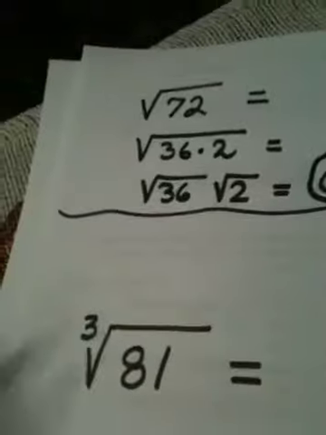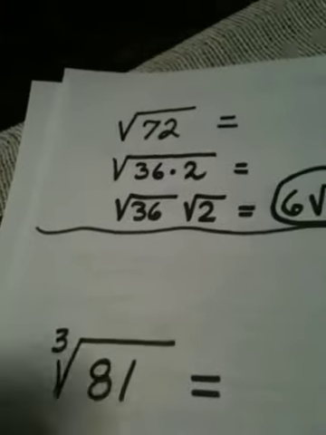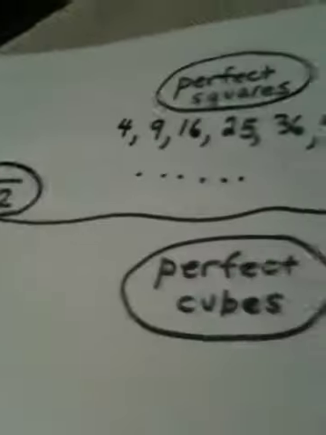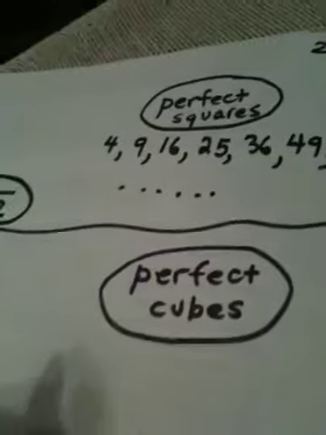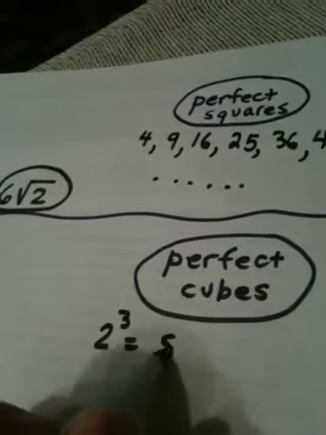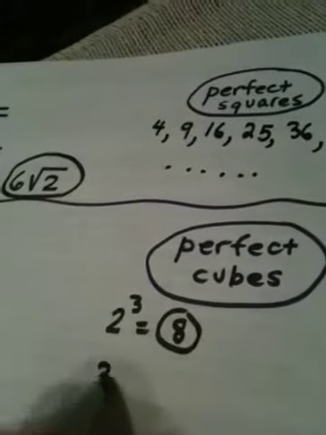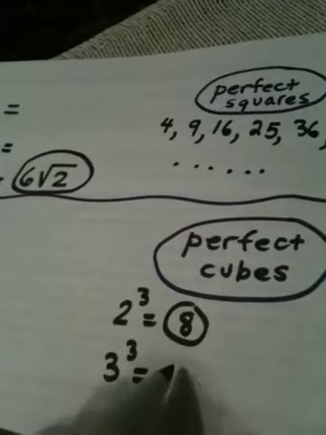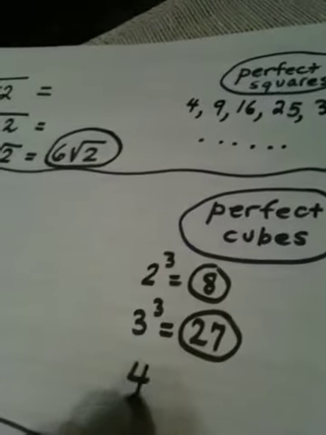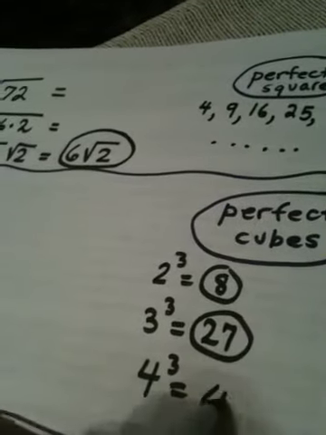All right, let's look down here at the cube root of 81. 81 is not a perfect cube, so we need to find perfect cubes. Now here's how we do that. 2 to the third power is 8. 3 to the third power is 27. 4 to the third power is 64.